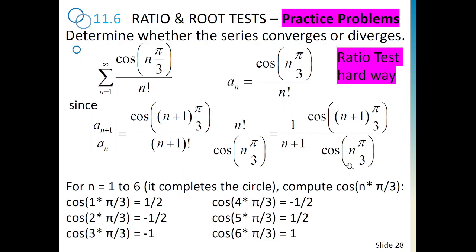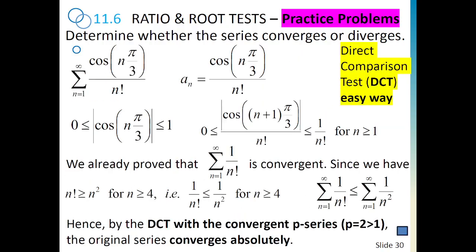But look at the problems that I have here. I need to be very careful. Now what happens if I just observe that cosine in absolute value goes between 0 and 1? Whatever the argument, cosine in absolute value is between 0 and 1. Let's see what happens. Very simple. I need to divide by n factorial.